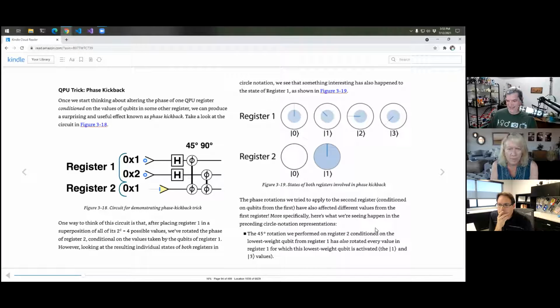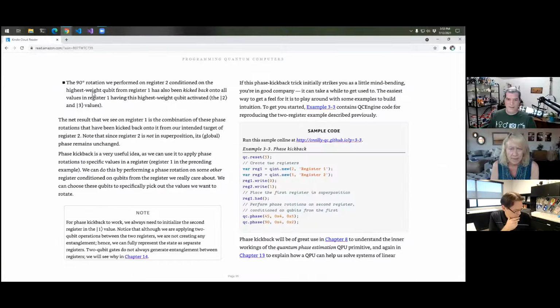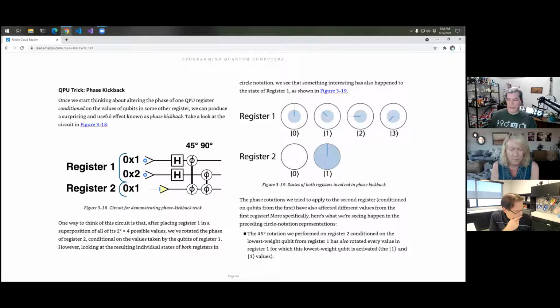The 45-degree rotation we performed in register 2 conditioned on the lowest weight qubit from register 1 has also rotated every value in register 1 for which this lowest weight is activated, the 1 and 3. So it rotated the 1 and the 3. And the 90-degree rotation on the highest weight qubit of register 1 has also kicked into all values of register 1 with the 2 and 3 values. So 1 and 3 got a 45, and then 2 and 3 got a 90.